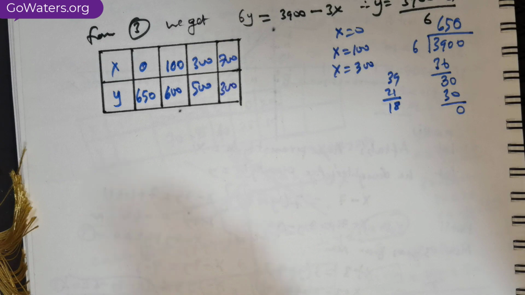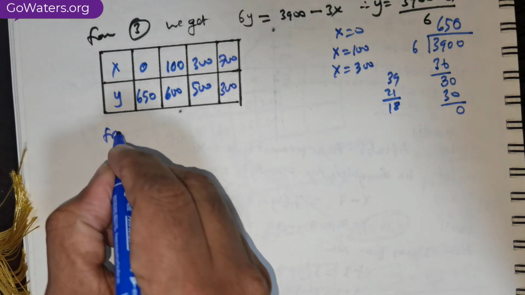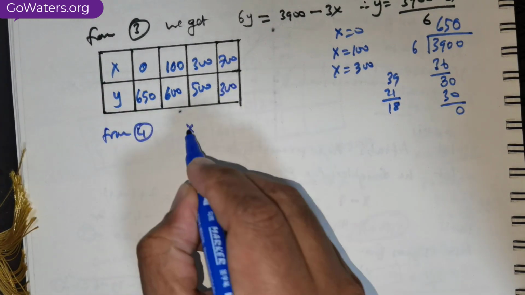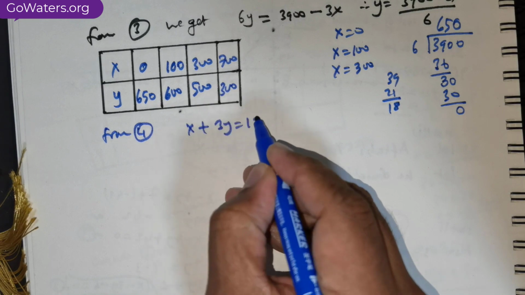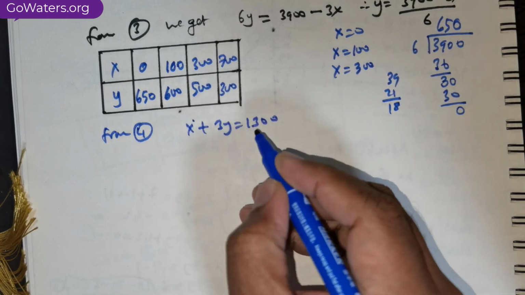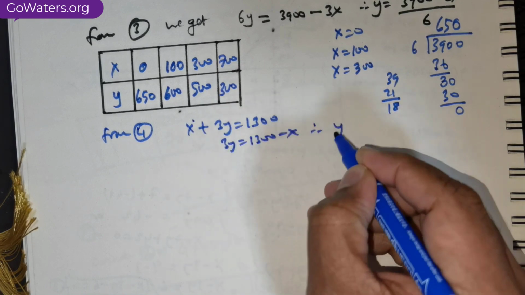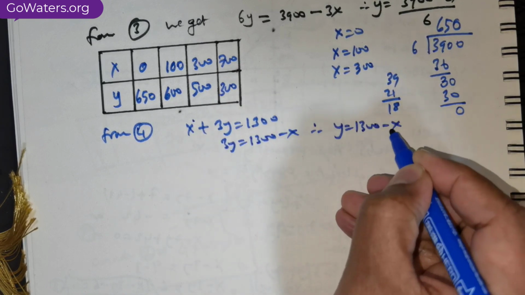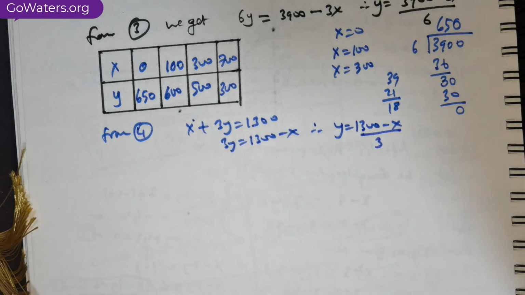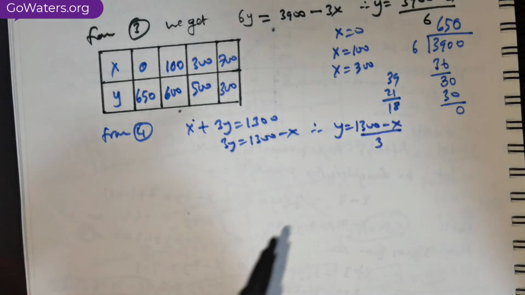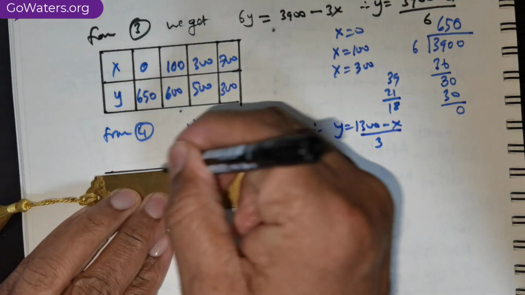Now we will have to use the second system. So I'm going to say from 4, you got x positive 3y is equal to 1300. You move the x to the other side. So 3y is equal to 1300 negative x. Therefore y is equal to 1300 negative x divided by 3. This is what you've got. So let's draw the tabular column.